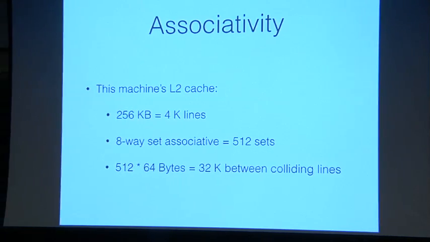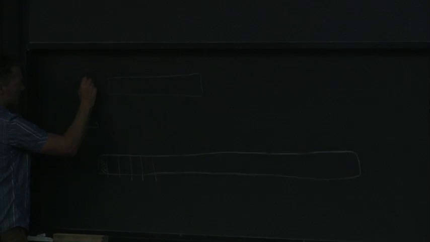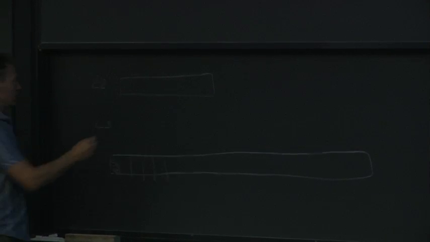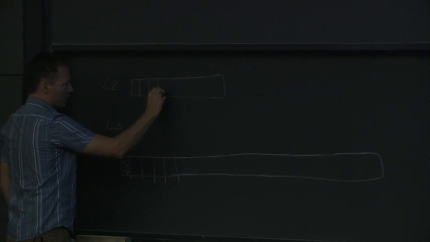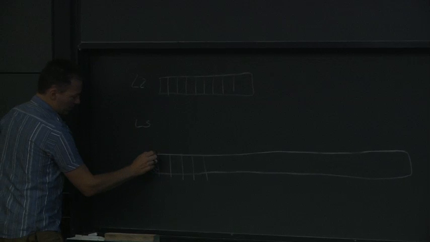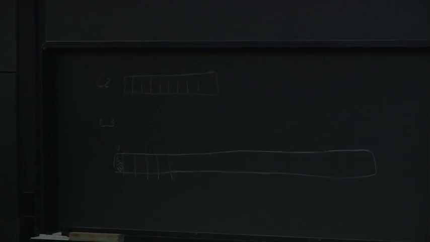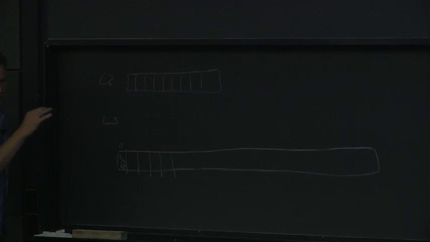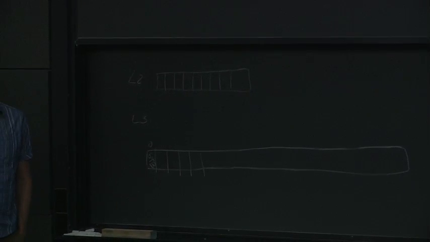All right, so somewhere down here we have memory. And I'll just draw it out as lines, right? So each one of these is 64 bytes. And then up here somewhere, with L3 in the middle, we have L2. This one is also organized into lines. But, for example, the 0 memory element can only go into one of some number of places.